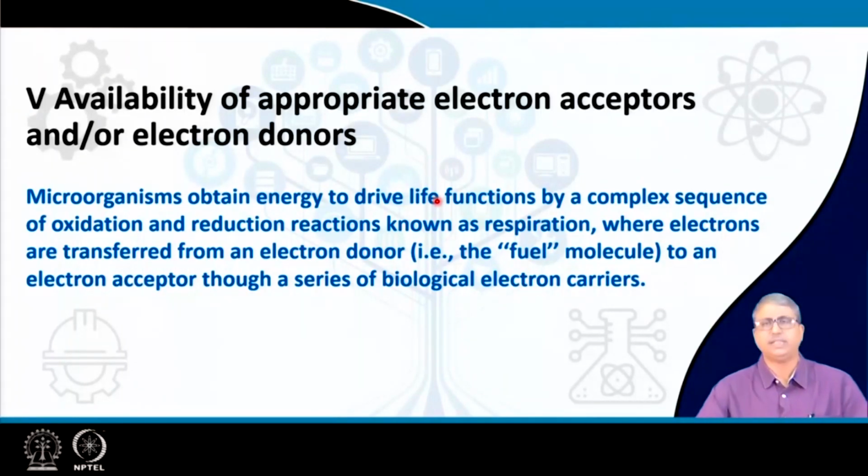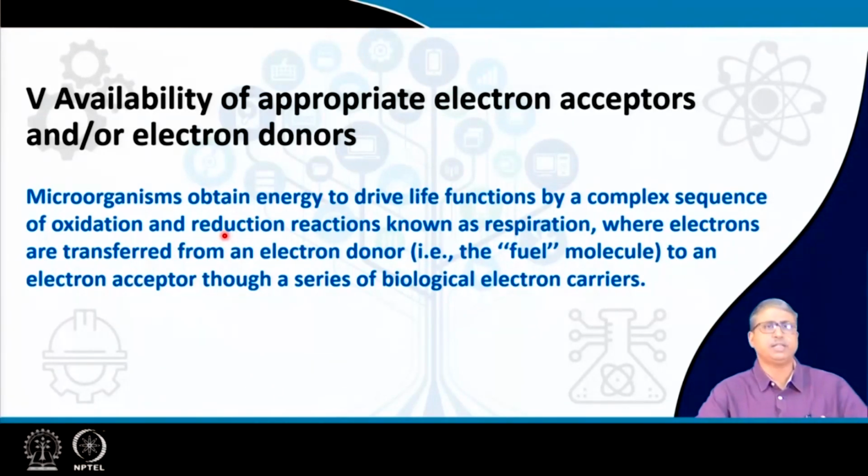So it is not only oxidation but also a complex sequence of oxidation and reduction processes, because somewhere the electrons must be transported to an electron acceptor. If no electron acceptor is available to accept the electrons, then the entire process will stop.